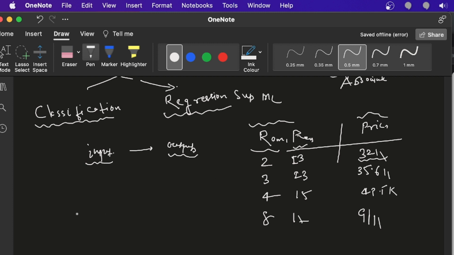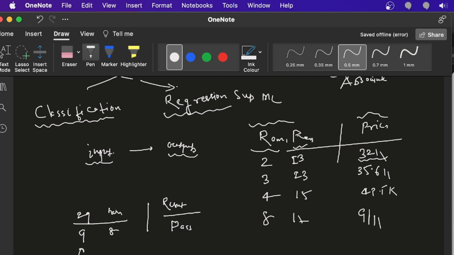Suppose you have information of a student, like IQ level and the study time in hours, and whether they are able to pass or fail the examination, the result. Suppose IQ is between 1 to 10. Their IQ is 9 and they read 8 hours, so they will pass the exam.